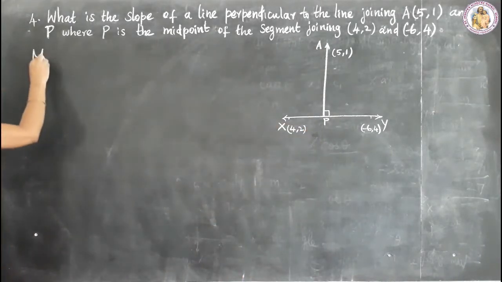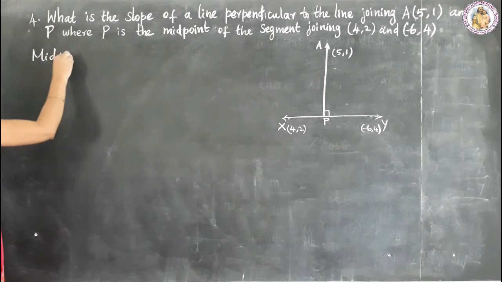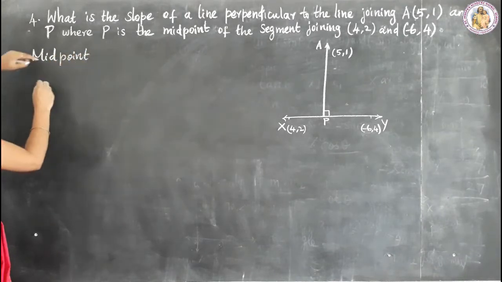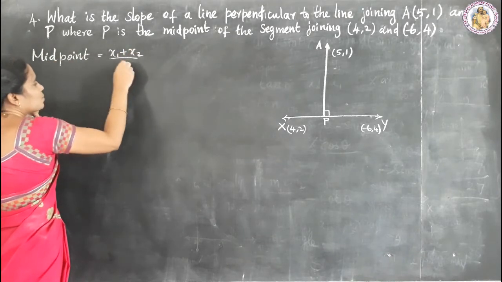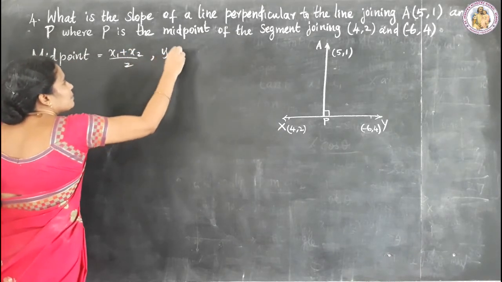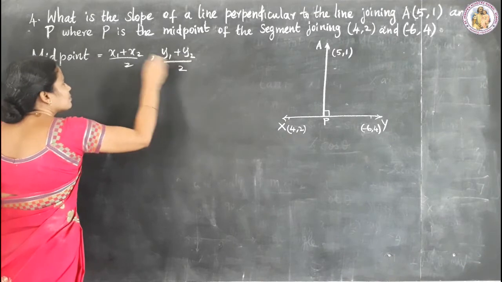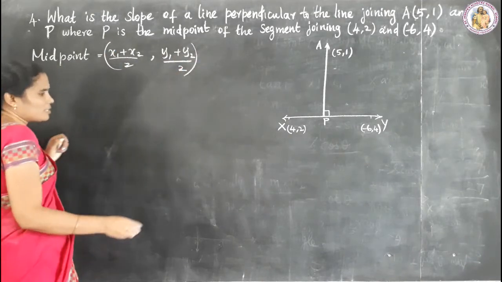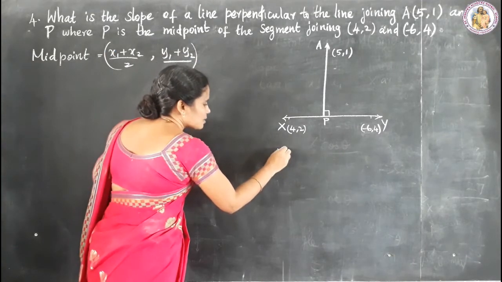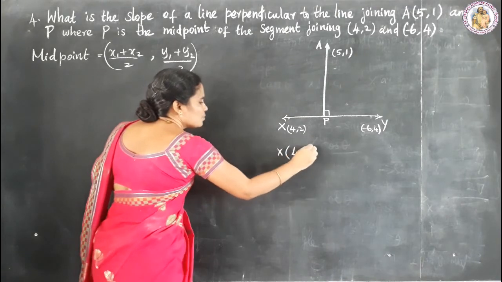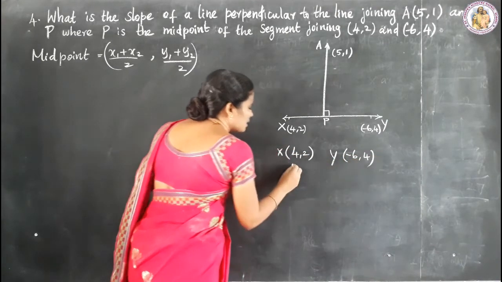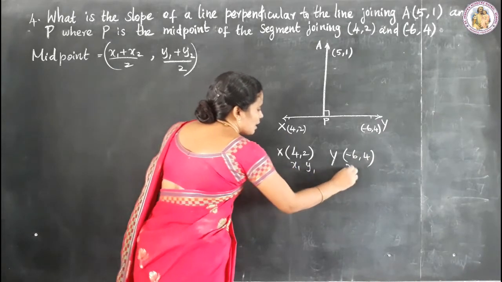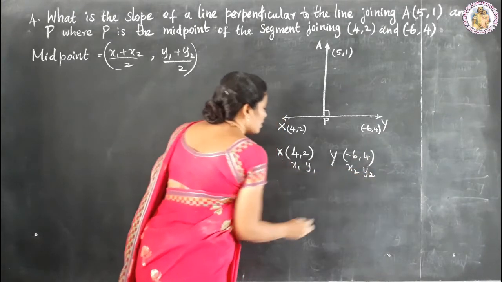So the midpoint is x1 plus x2 by 2 and y1 plus y2 by 2. The points are 4, 2 and minus 6, 4, taking these as x1, y1, x2, y2.